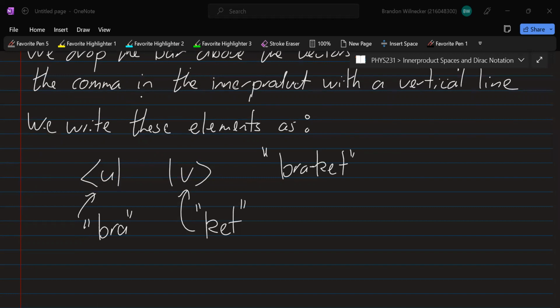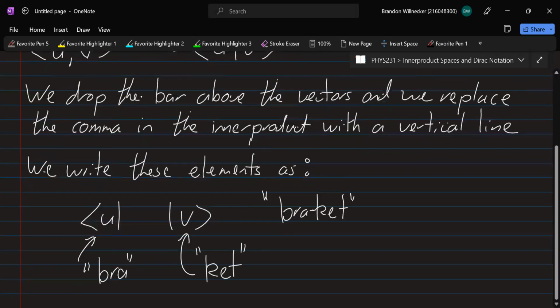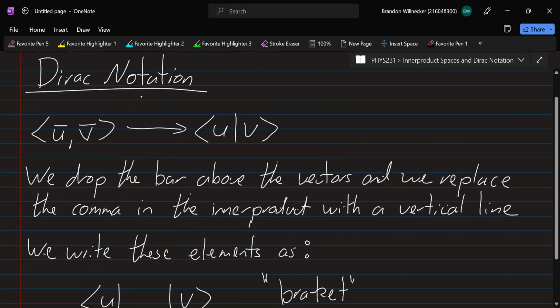So this way, the notation for inner product is thrown away, and instead we use this notation of having bras and kets, and together they form the inner product. We just write them together, and that is an implied inner product. So we don't have a separate notation for the vectors and a separate one for the inner product.